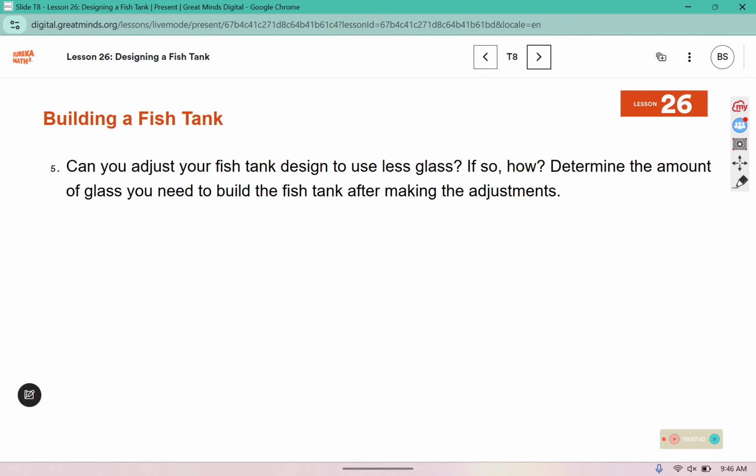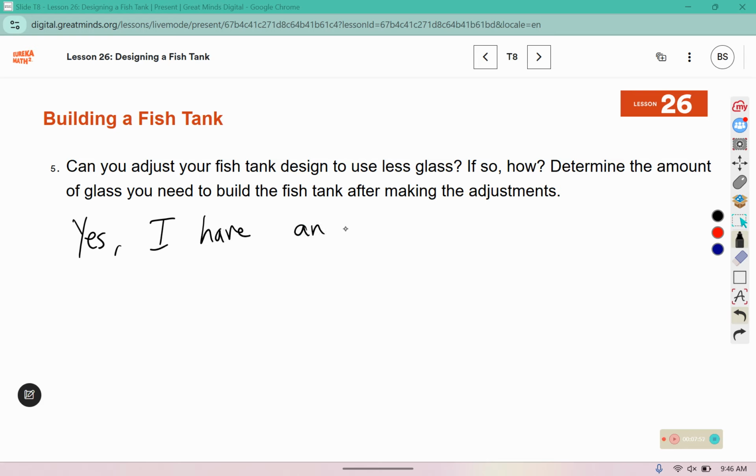Five, can you adjust your fish tank design to use less glass? If so, determine the amount of glass you need to build the fish tank after making the adjustments. Yes, I have an excess amount of volume, or I have extra volume.